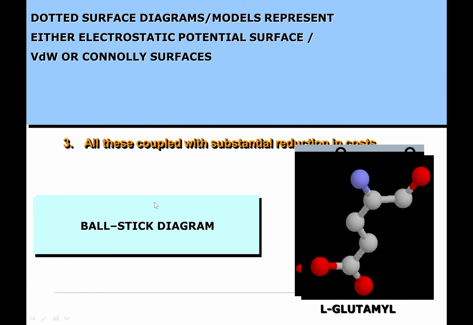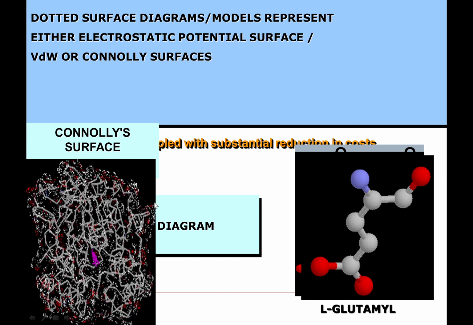And as I told you, you can also see these molecules in dotted surface diagrams. There is either the electrostatic potential surface, van der Waals surfaces, or water wettable Connolly surfaces. Let us see the Connolly surfaces of this molecule, how they look. These are the water wettable surfaces, so you can find out the polar properties.